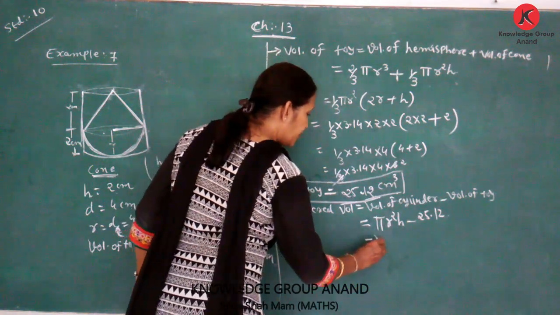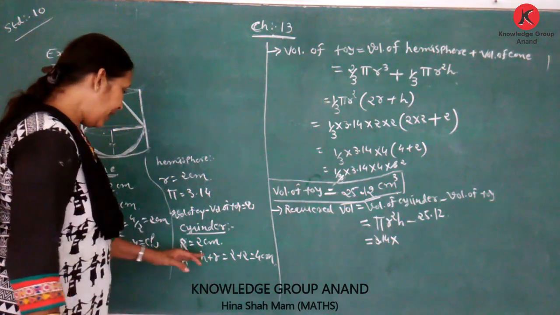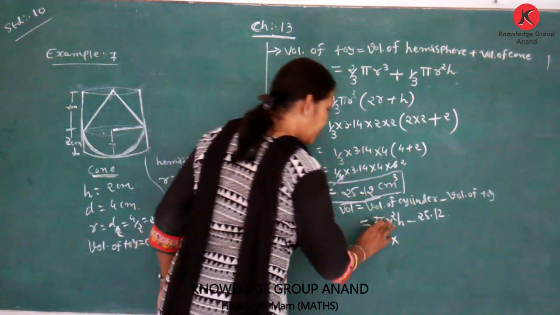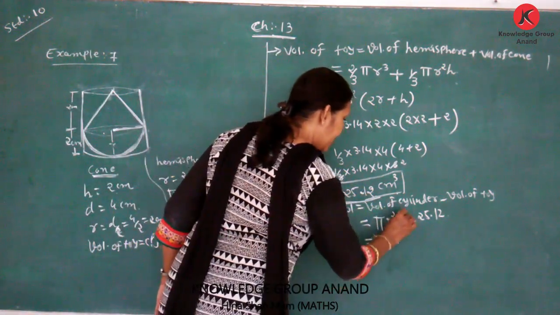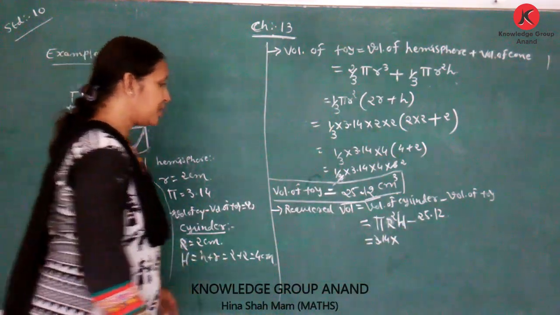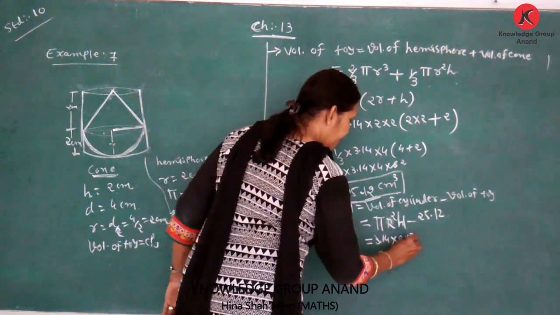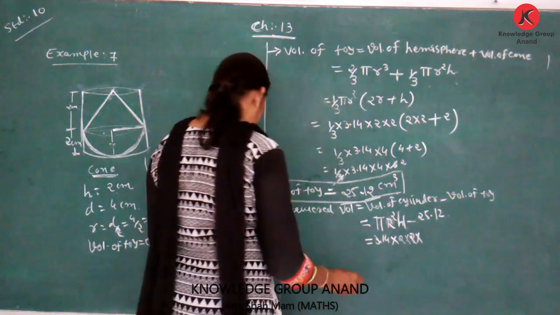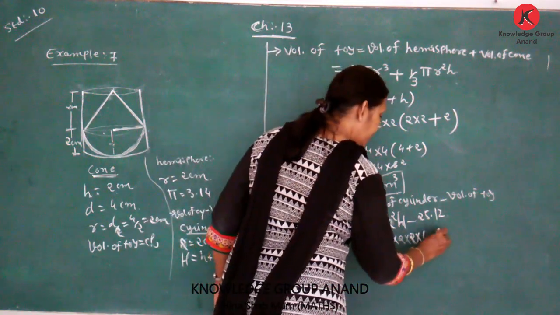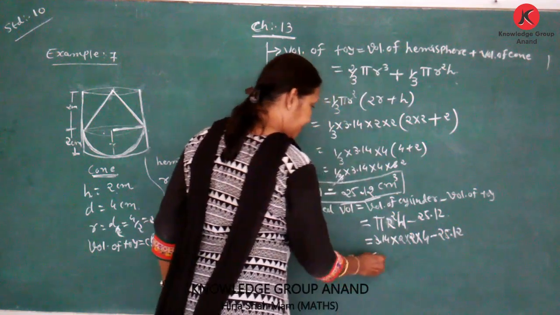So 3.14 into radius and height for cylinder. Volume of cylinder, we write capital letters. R is equal to 2 centimeter, 2 into 2, and H is equal to 4 centimeter, minus 25.12.